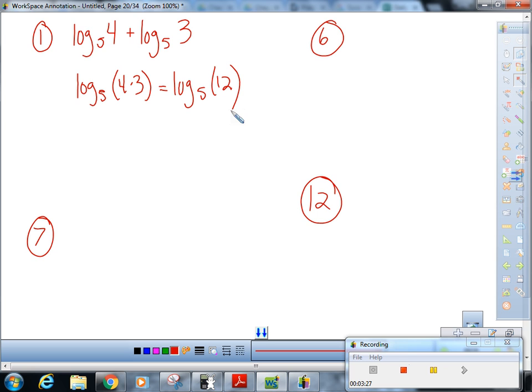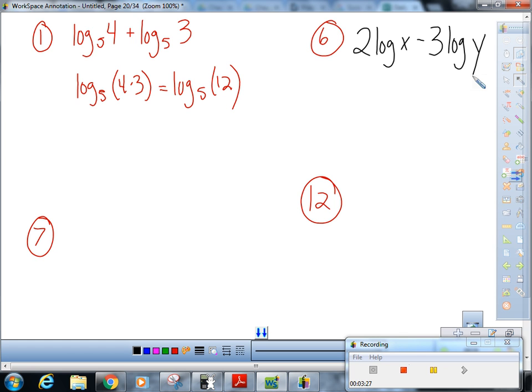Number 6. 2 times the log of x. Remember, that's the log base 10 of x. Minus 3 times the log of y.